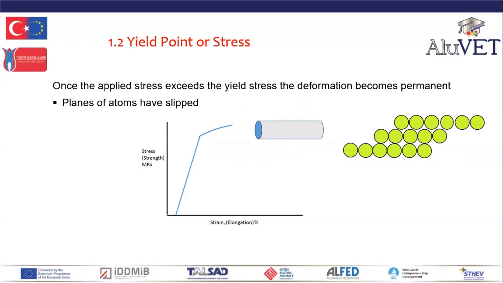So we have now slipped the planes of atoms. We've changed the metal shape. Remember, the atoms are still held in their new position by the metallic bond. The planes of atoms have slipped. We've now got permanent deformation.